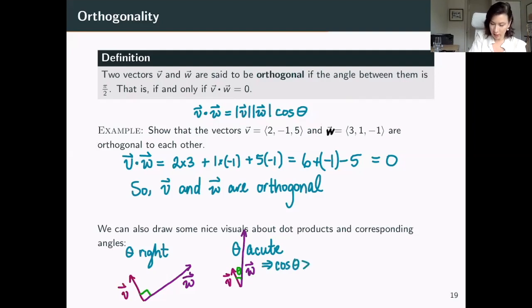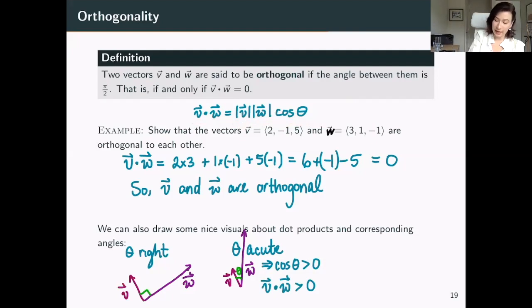It would be bigger than 0. So once I have this, I know that my dot product, a positive number times a positive number times another positive number, would give me a positive number. That is, V dot W is bigger than 0.